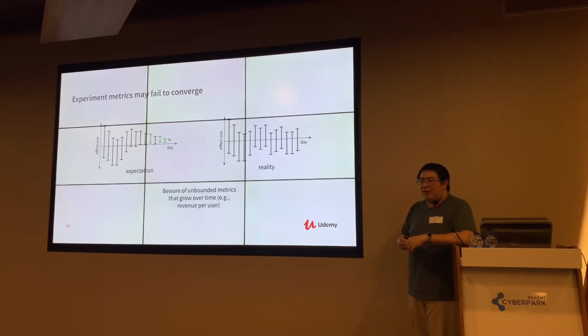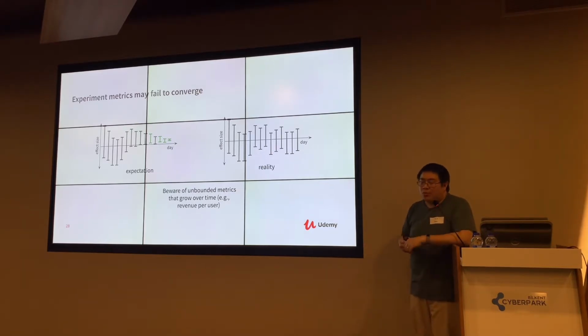And in fact, all estimates of effect size tend to stay the same in terms of their uncertainty over time. So what I've shown here in this diagram is the expectation that you might have is that the more time you run an experiment, the more data you collect, and the more certain you are of an effect size. But in reality, in some cases, you'll see that the effect size doesn't get any more certain as time goes on. So how does that happen, right?